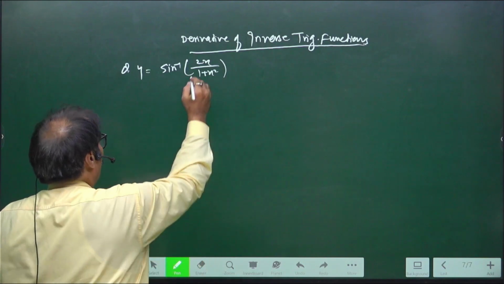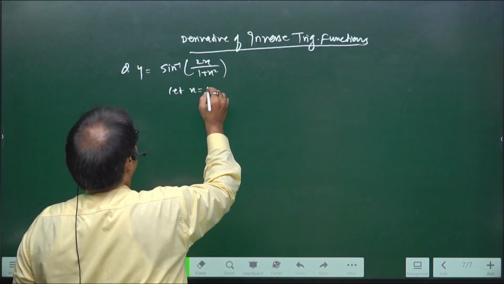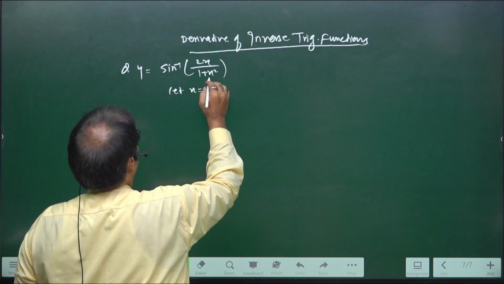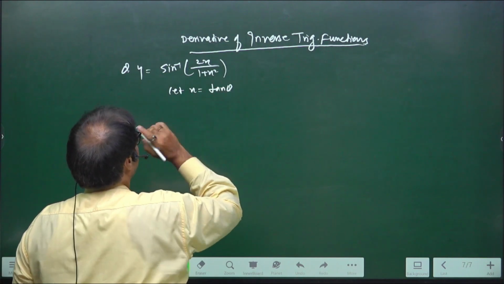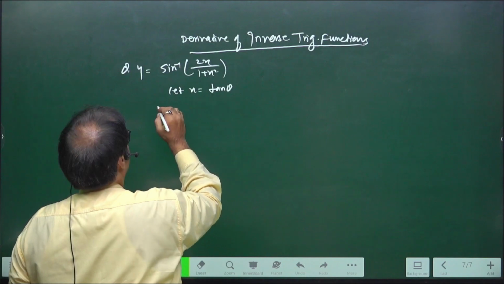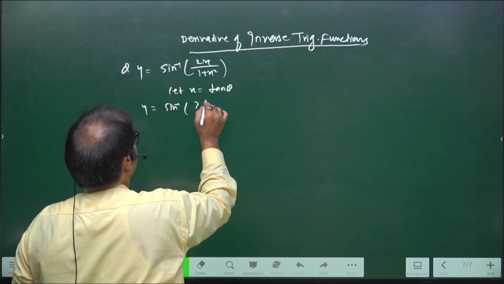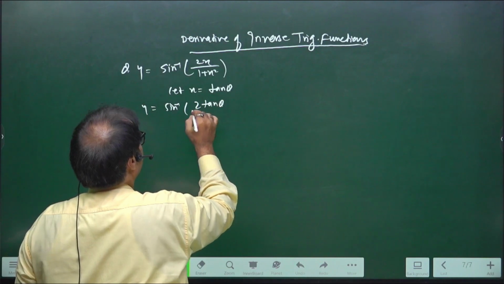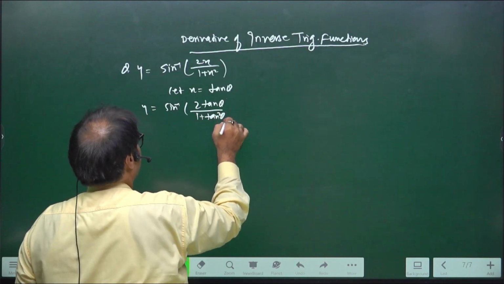So we will let x is equal to tan theta. So y is equal to sine inverse of 2 tan theta upon 1 plus tan square theta, right?